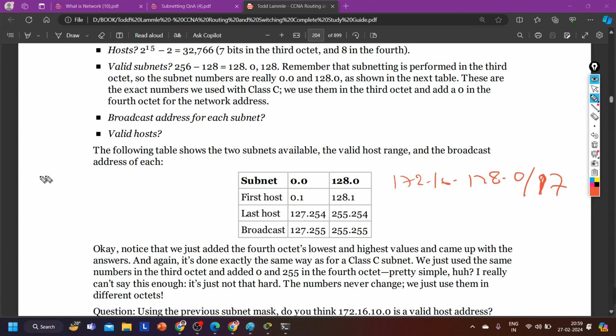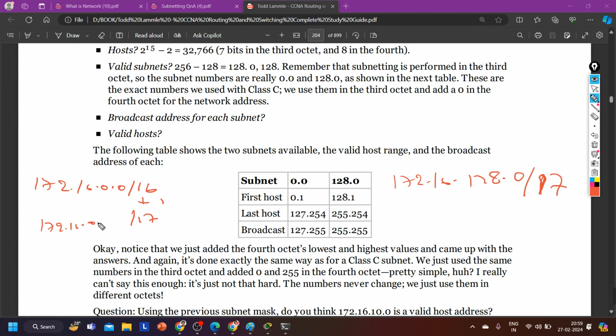No, that is the second network. The first network is what? See, 172.16.0.0. Let's say it is slash 16, right? Now I have borrowed one bit to divide it into two parts, correct? So the slash value will become 17, slash 17, right? The network ID and the subnet mask will be the same.